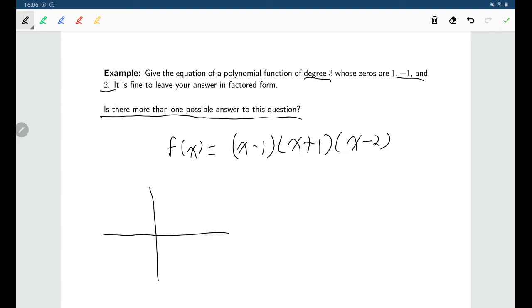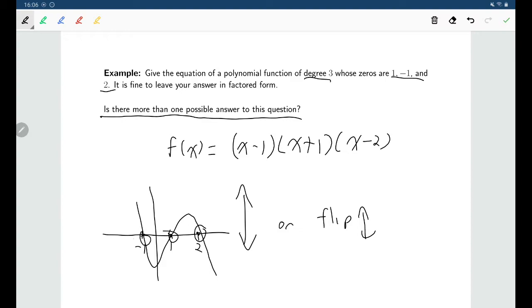So if we happen to know that this polynomial crosses the x-axis at 1, negative 1, and 2, it would still cross the x-axis at 1, negative 1, and 2 if we were to stretch things vertically, or if we were to flip things vertically. That would also stay with the same 3 x-intercepts.